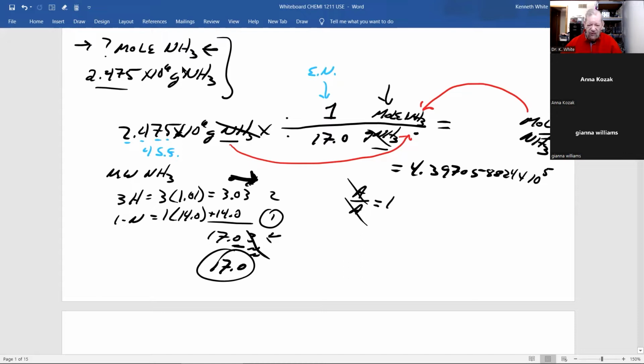And the molecular weight has 1, 2, decimal, 0 after the decimal, 3 significant figures. And which of these two numbers is lower, 4 or 3? And time's up. Hopefully you pick 3. So now this is not 3. Why don't you round that off? Ooh, this is a tricky one. To 3 significant figures. Your turn.